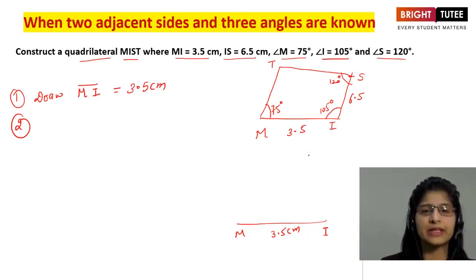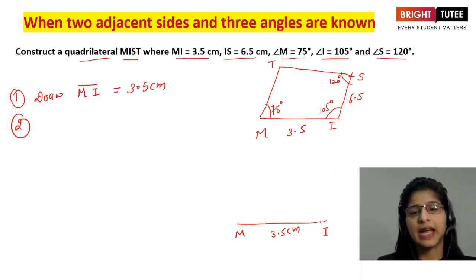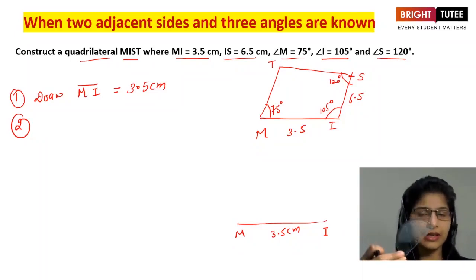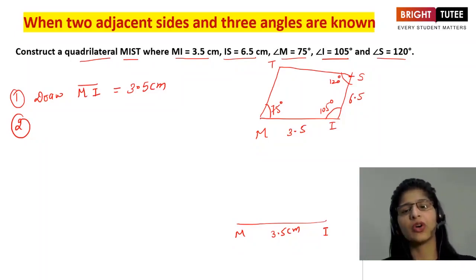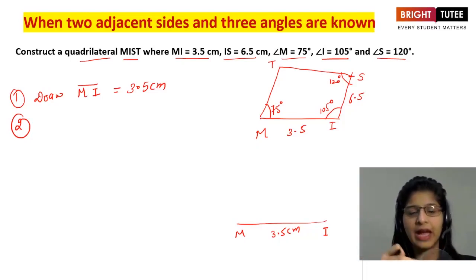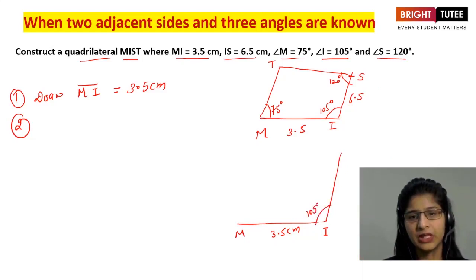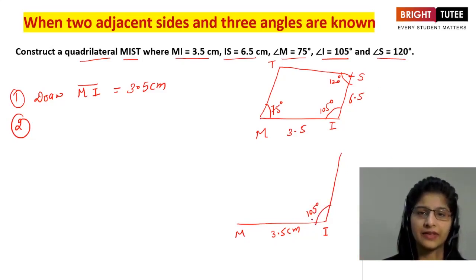The second step is at angle I. What is the measurement that we have to draw? 105 degrees. So you need to take your protractor, keep it on point I, see where 105 is, mark that point and join that point to I. This is an angle of 105 degrees.